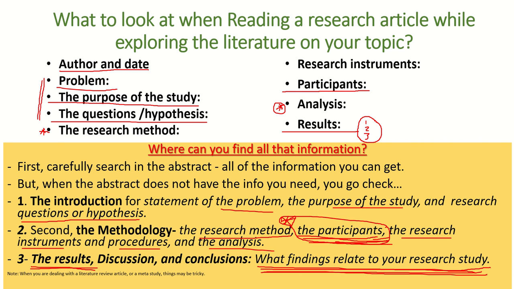Of course, you can compare the analysis and the research methods and so on, and even how they chose the participants. You can do that, and this can be your literature review. But basically, what we look for in a literature review is to compare the findings in different research studies that deal with the same topic.